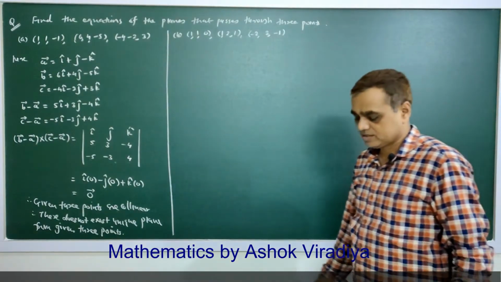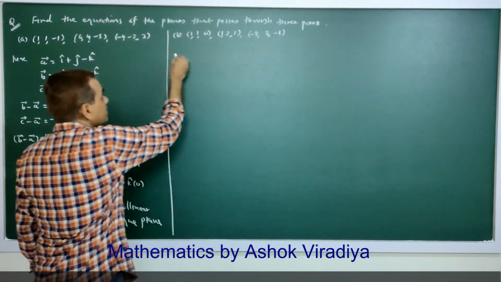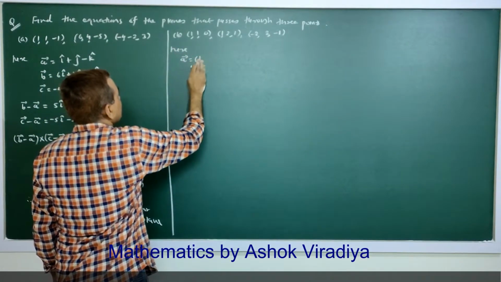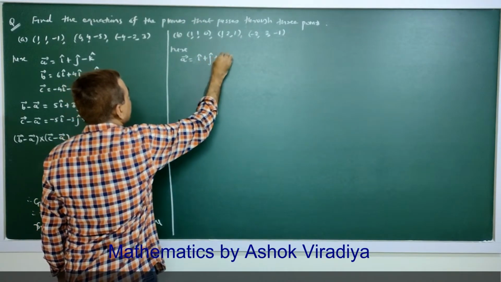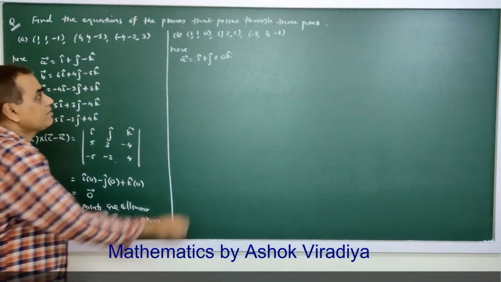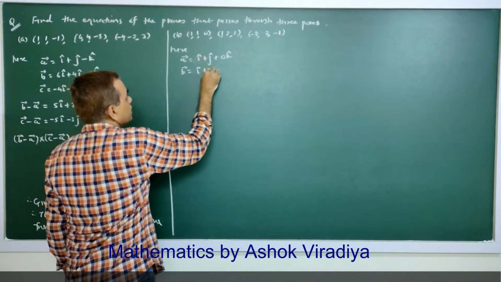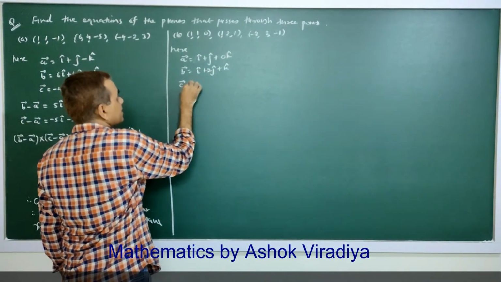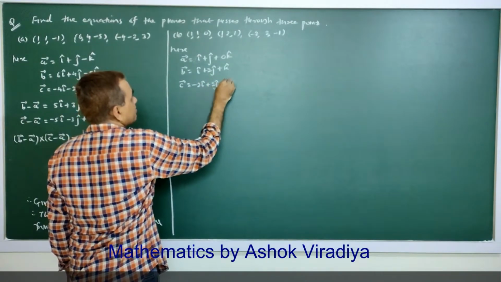Now in this question, again these are points. We take vector A as 1i plus 1j plus 0k. Vector B is 1i plus 2j plus 1k. Vector C is minus 2i plus 2j minus k.